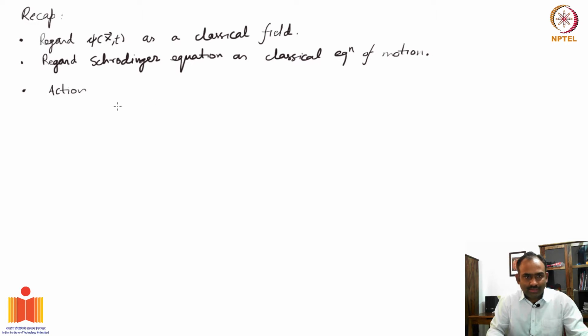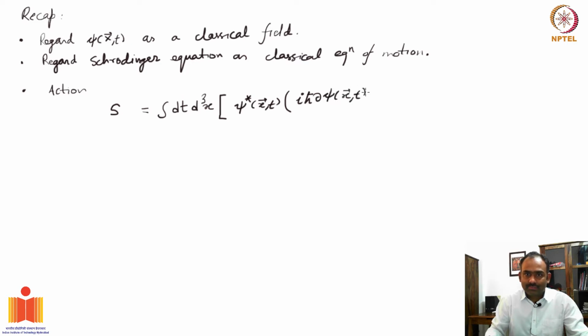So you get S is equal to integral dt d cube x psi star, okay, and we had in this round brackets the entire Schrodinger equation, the left hand side of the Schrodinger equation: i h bar del over del t minus the Hamiltonian of single particle quantum mechanics. Okay, that's what we did.